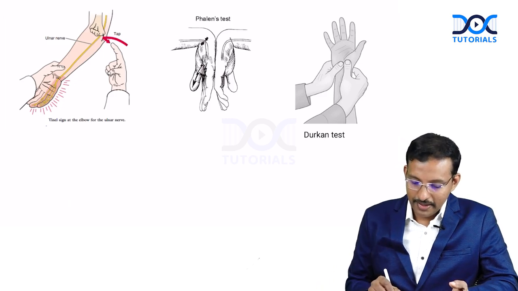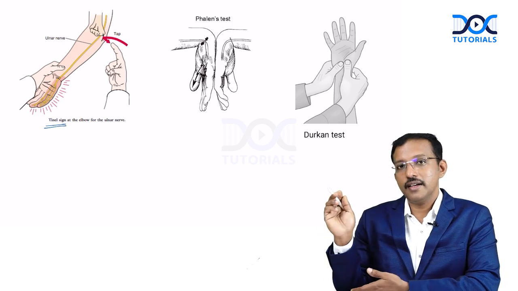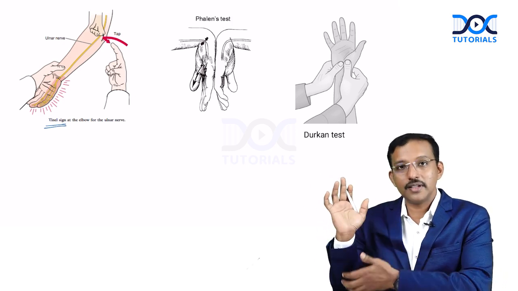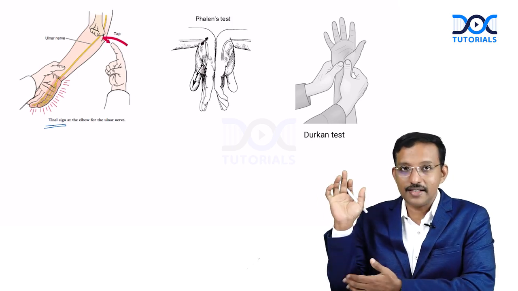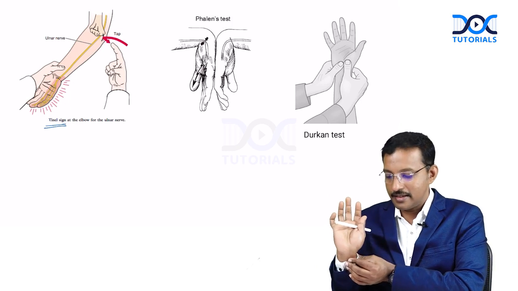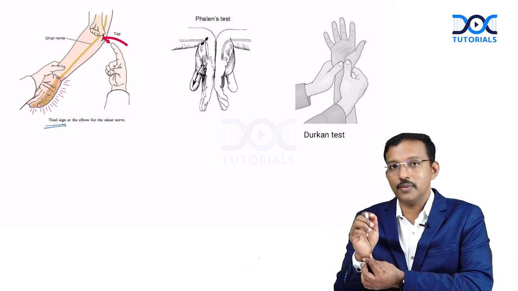Now please do remember these tests, which can also be asked. For example, Tinel sign. Tinel sign is nothing but tapping the ulnar nerve in the ulnar canal, and you get a neuritis along the distribution of the ulnar nerve. This is called Tinel sign. And Phalen's test and Durkan's test are basically for identifying carpal tunnel syndrome.